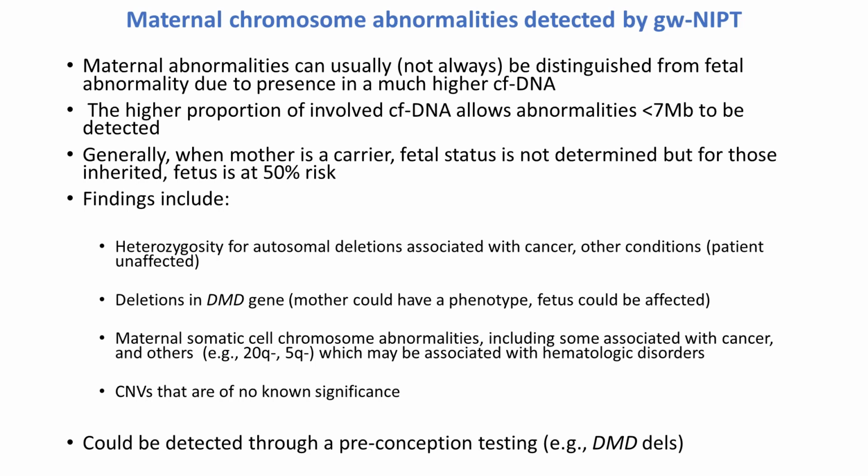And now you're into another great difficulty, and that is that if you pick up a maternal abnormality, and it's a relatively benign, a very benign type of significance, there's about a 50% chance that the fetus will also inherit that same chromosome, but it's exceedingly difficult to now identify the fetal status when you've already established that the abnormality is present in most of the DNA that's in your sample, which is the maternal component.